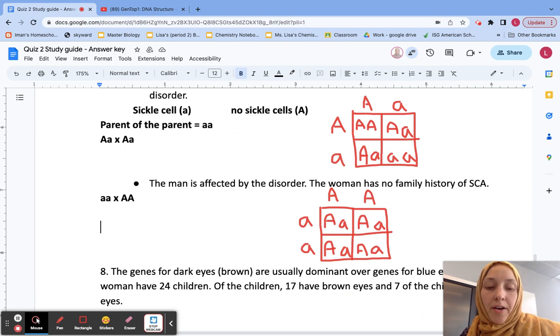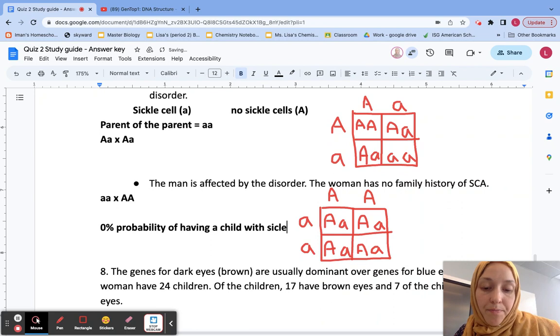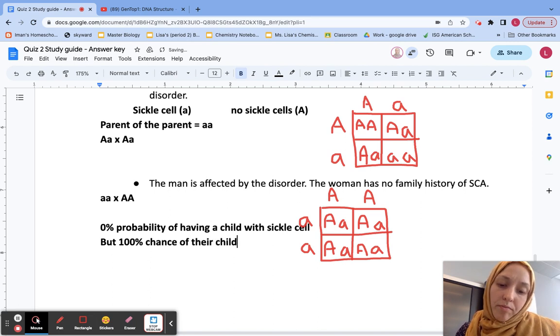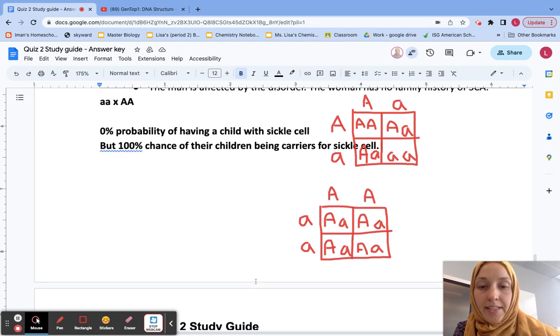Okay, so 0% probability of having a child with sickle cell, but 100% chance of their children being carriers for sickle cell, which is important because then they know that they should be aware of having a partner who is also a carrier for sickle cell. Okay, let's continue.